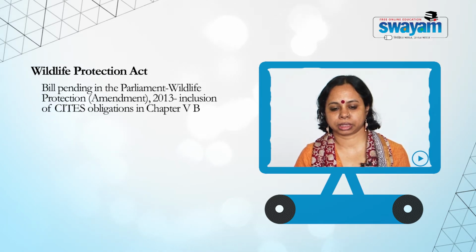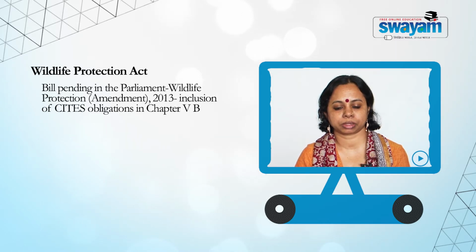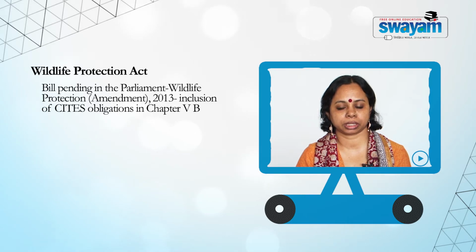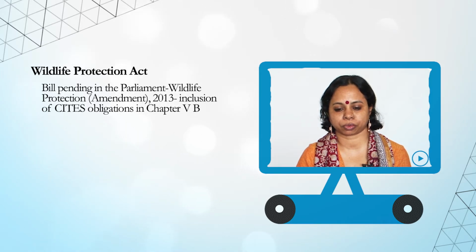In 2013, a bill was prepared which has been introduced in the Rajya Sabha. It is called the Wildlife Protection Amendment Bill of 2013, wherein there was the suggestion to include a separate chapter on India's international obligations. There is a convention on international trade in endangered species of flora and fauna.